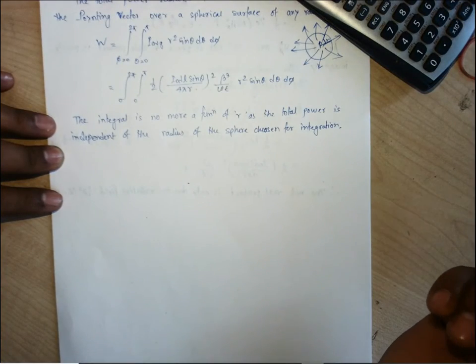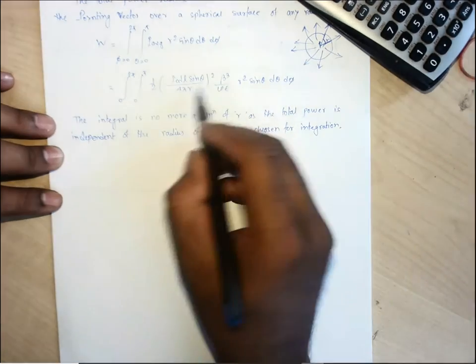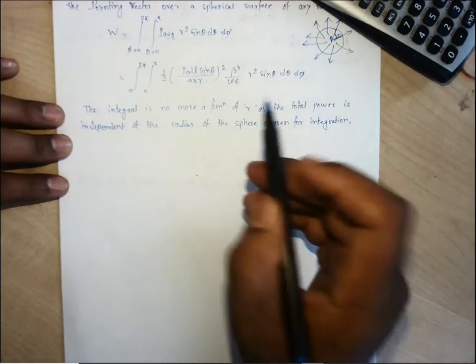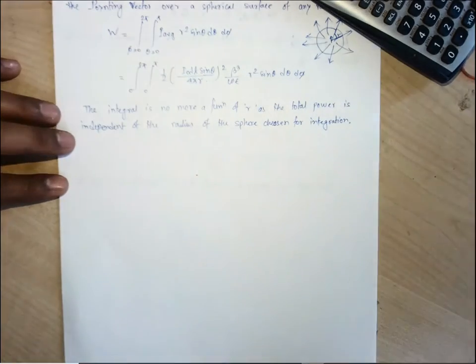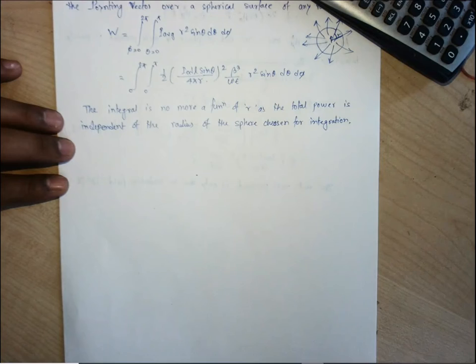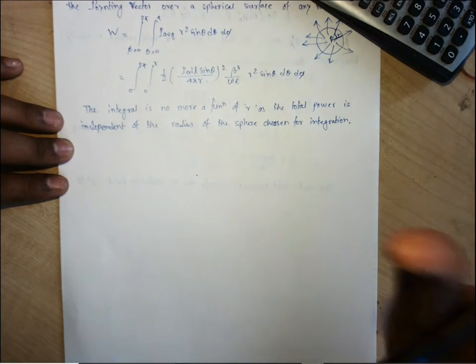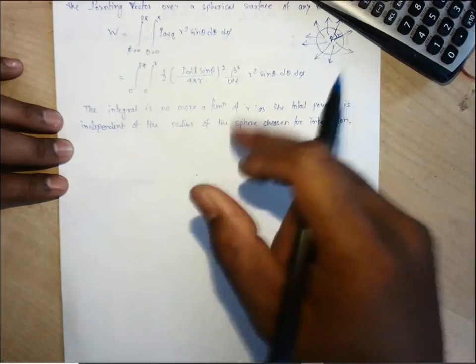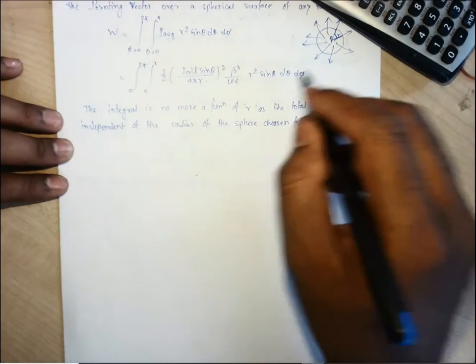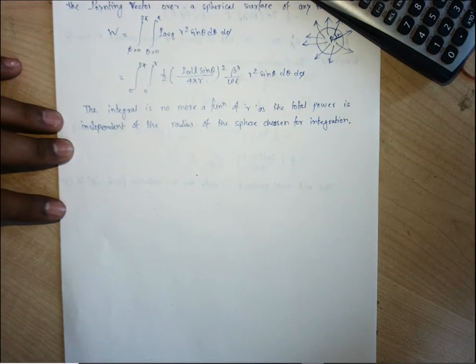If at a far distant point we choose some radial vector with some distance, let us consider 100 kilometer or 200 kilometer, whatever the direction, the radius will be according to that sphere, and on the surface of that sphere the power will remain the same.